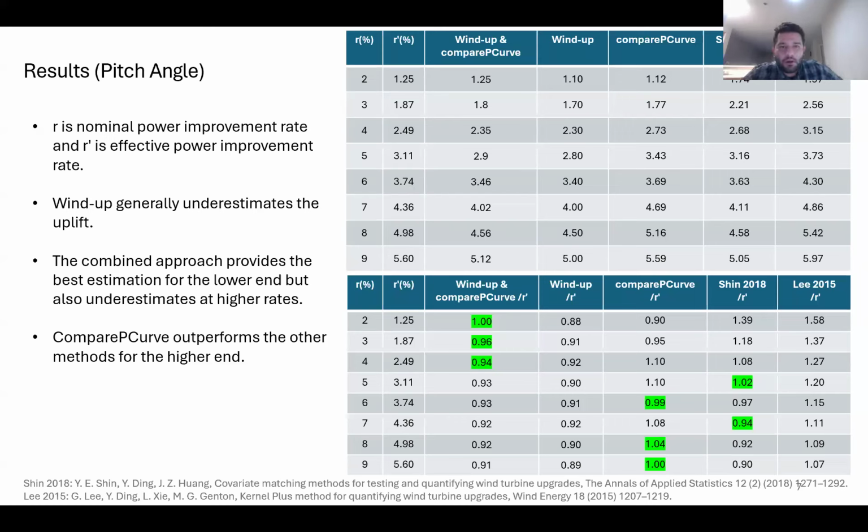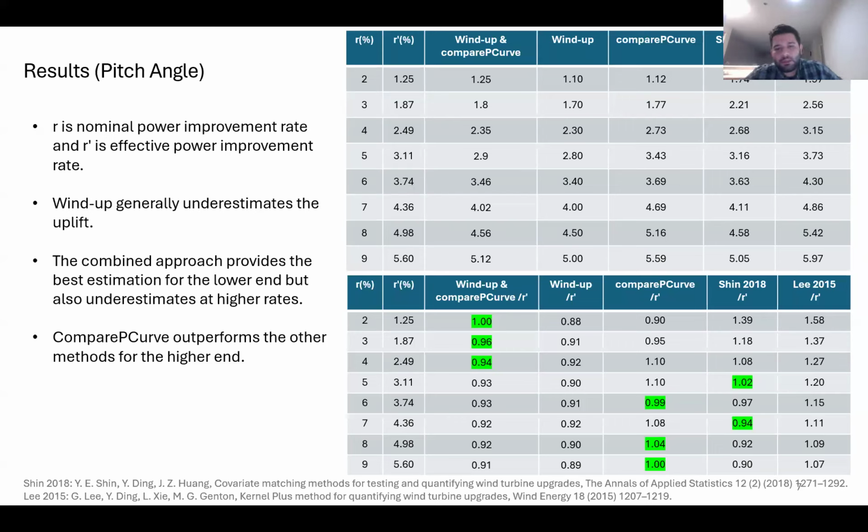For example, for R equal to 2%, where effective improvement is 1.20%, the combined approach really achieves 1.25%. When we divide them, it's 1. So really, this combined approach performs the best over all methods.